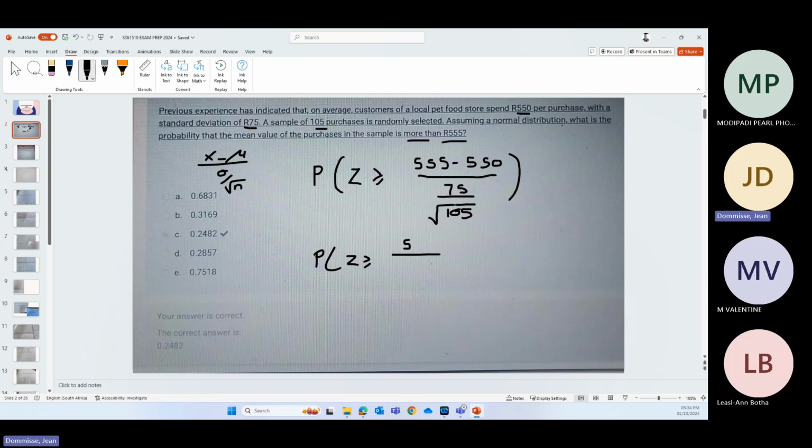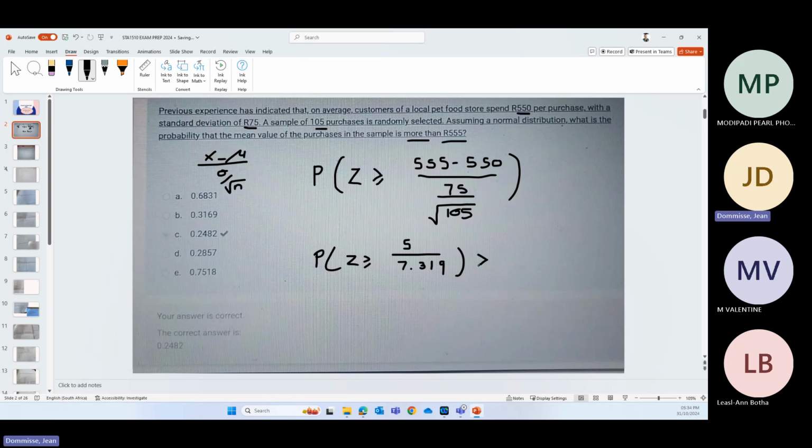Let me just try that again because my calculator didn't work. 75 divided by the square root of 105. I get 7.319, which looks like a weird number.